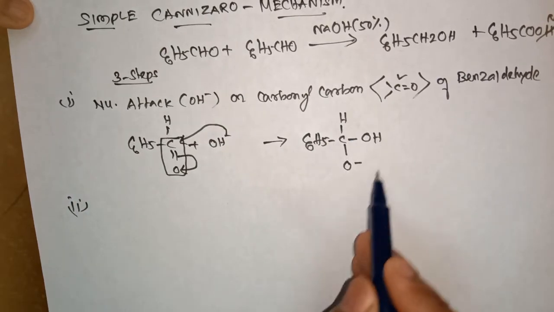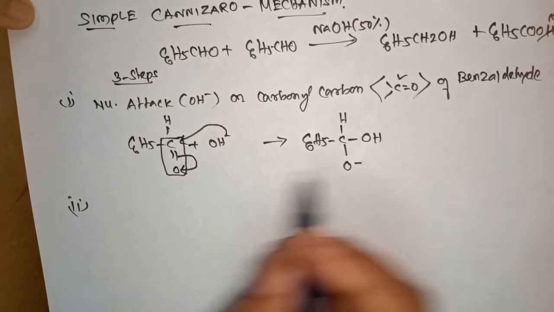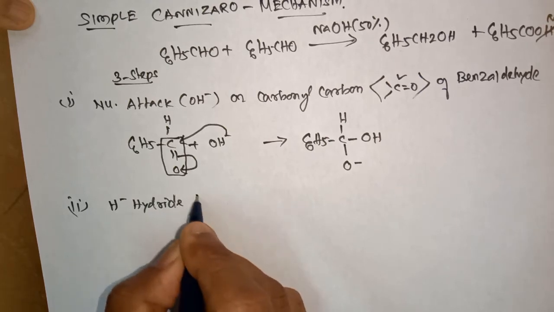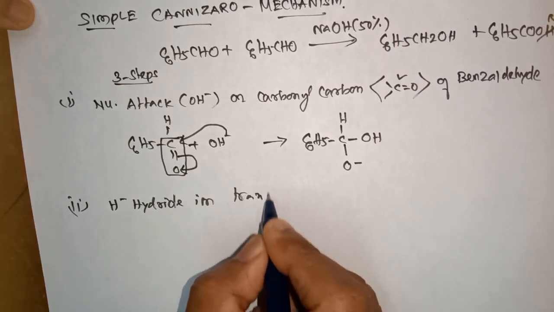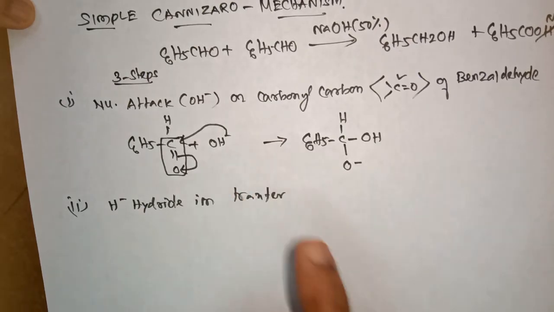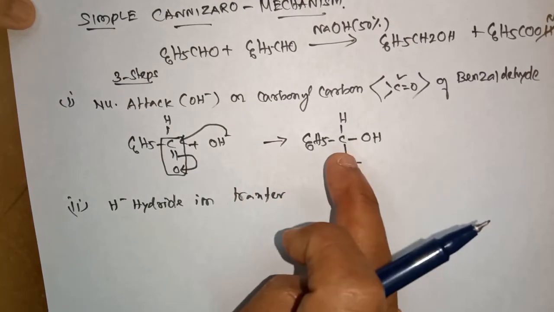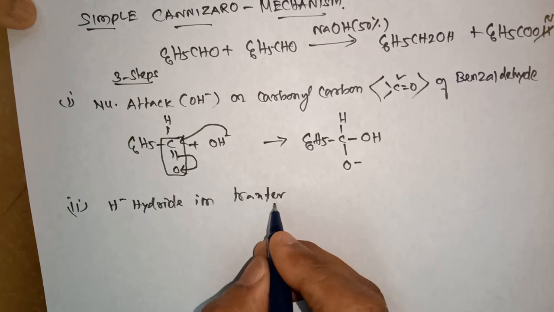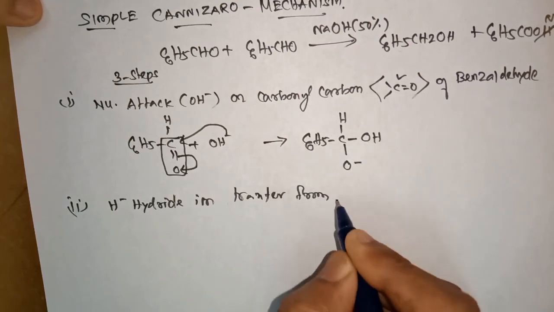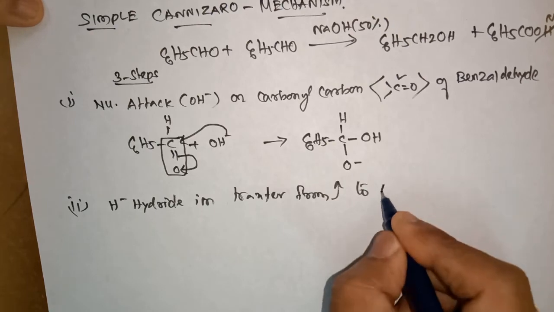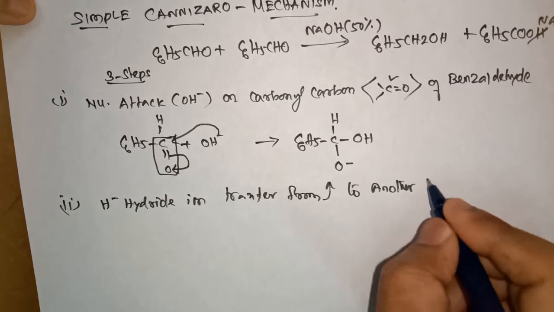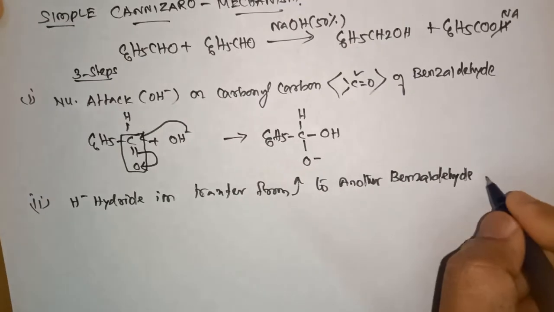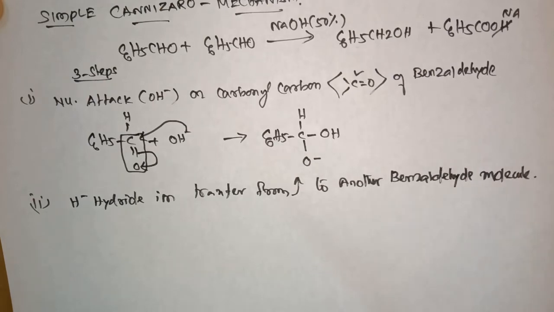What is our second step? It is hydride ion transfer. H minus is called hydride. The hydride ion transfers from this to another benzaldehyde molecule.